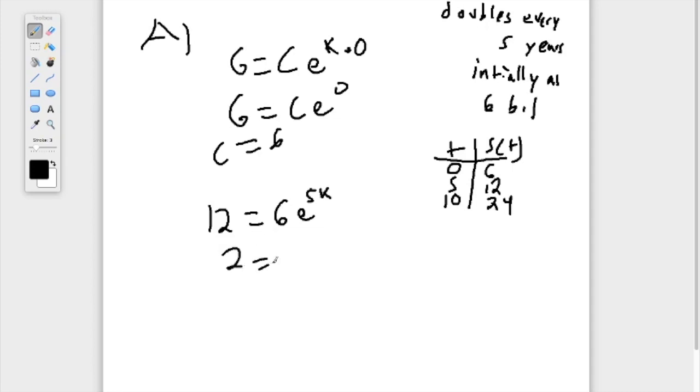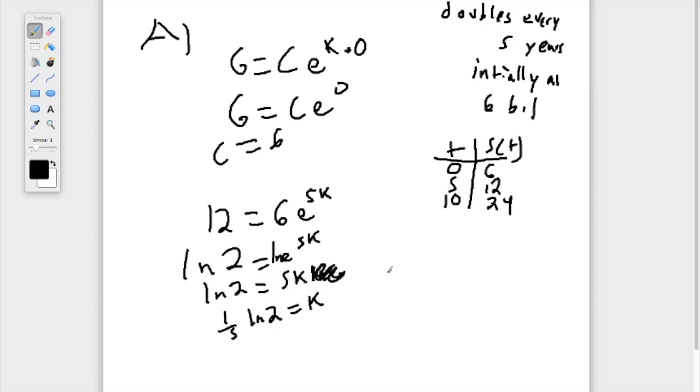We get 2 equals e to the 5k. And then we can take the ln on both sides. So you get ln 2 equals 5k ln e. That just becomes 1. So you basically get a final answer of 1/5 ln 2 equals k.